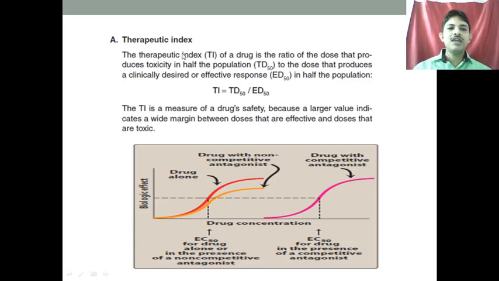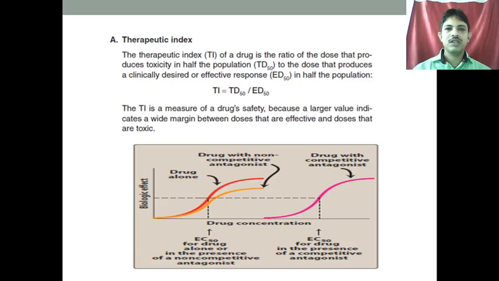The therapeutic index is a measure of drug safety, because a larger value indicates a wide margin between the effective dose and the toxic dose. If the TI value is less, the drug is considered potent, and increasing the dose even a little may produce a toxic effect.